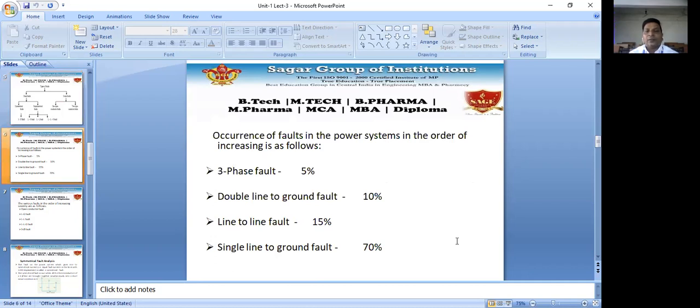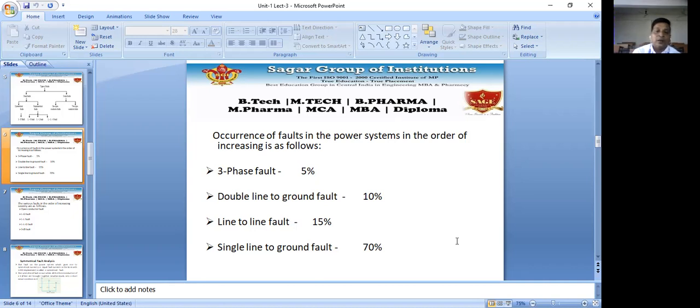Occurrence of faults in the power system in increasing order is as follows: three-phase fault is only 5%, double line to ground fault is 10%, line to line fault is 15%, and single line to ground fault is 70%.